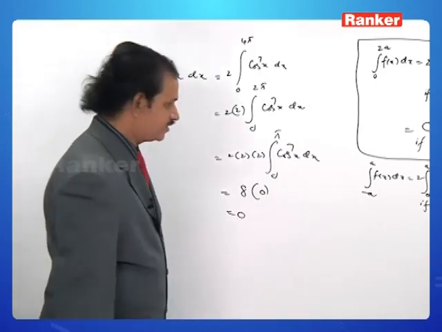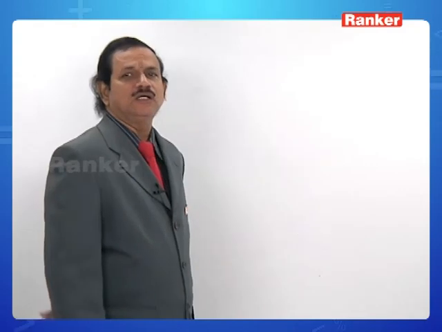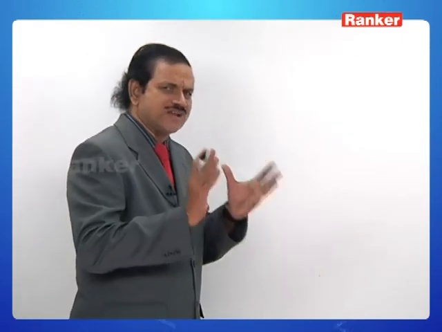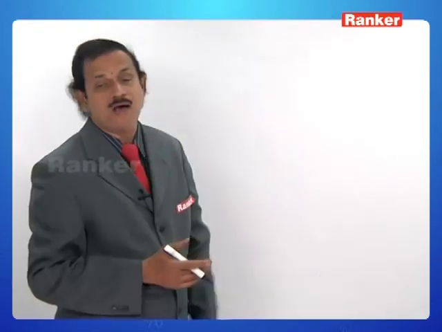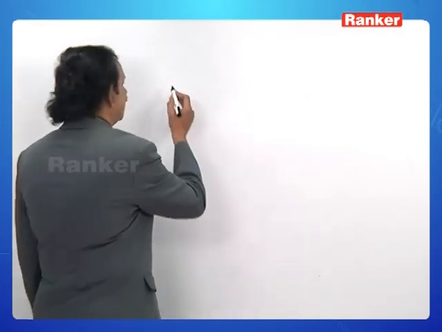Okay, right. There are some more standard results which we come across in our way of solving so many numerical problems, and those standard results can be used as formulae also. Let me bring to your notice some of these.